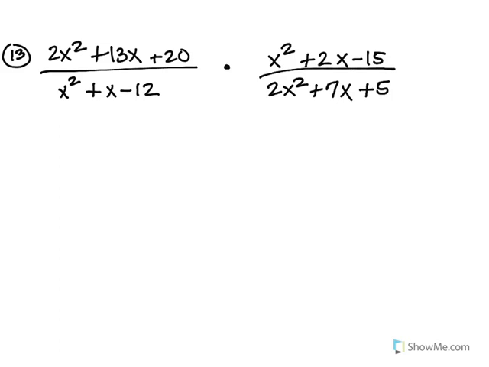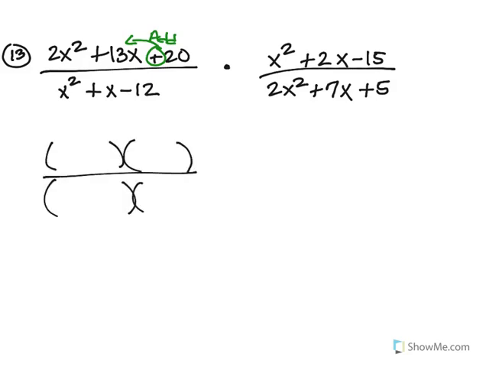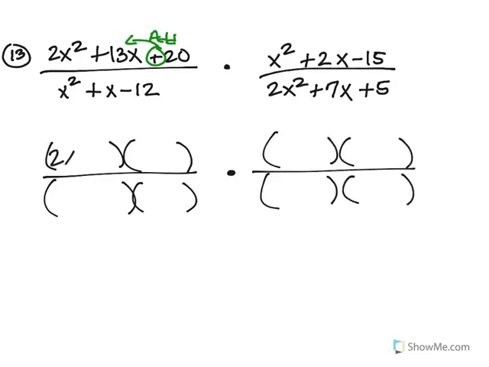Just all factor? So here we go. On this top one, we're adding to get 13. And in the front, we can't use nothing but what, 2 and 1? I'm just making all my little parentheses. 2x and 1x.